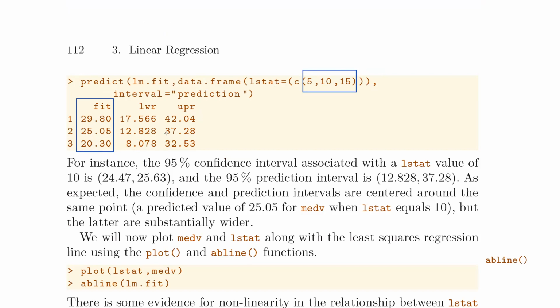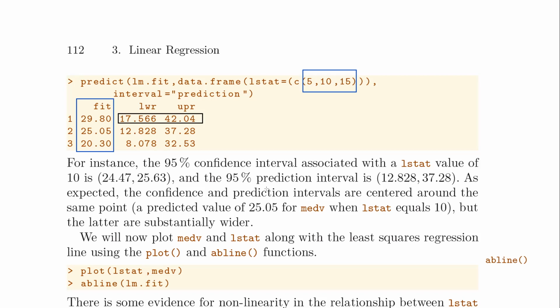But now we're getting a much wider interval, for the simple reason that besides looking at the extent of the error that might be in your estimated parameters, you are also allowing for the error term, for epsilon.